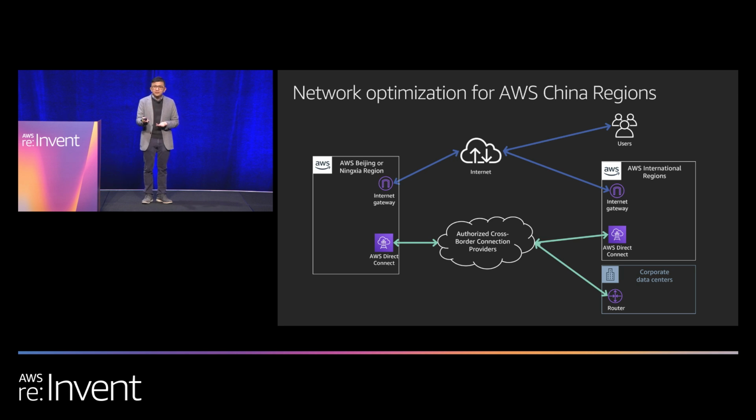For customers that want more secured, authorized, and dedicated lines for themselves, you can take the bottom path, whereby telcos can either give you a point-to-point connection, or you can go through the Hong Kong connection, like I mentioned earlier, which breaks it down into two parts. The first part will be from Beijing to Hong Kong, and the second part will be from Hong Kong through AWS Direct Connect Gateway into the international regions.